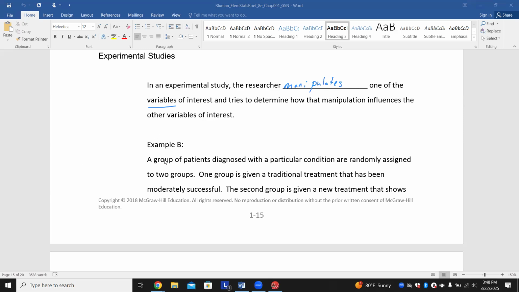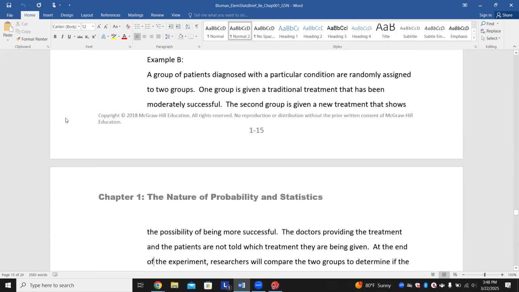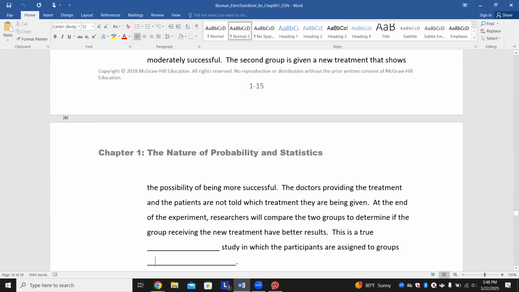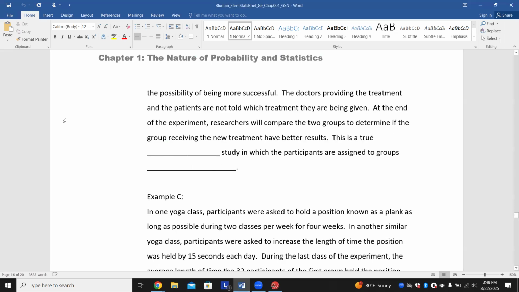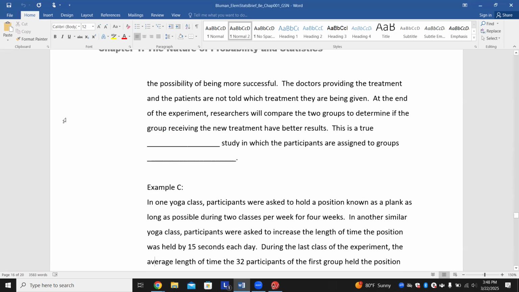So, in another example here, a group of patients diagnosed with a particular condition are randomly assigned two groups. One group is given a traditional treatment that has been moderately successful. The second group is given a new treatment that shows the possibility of being more successful. The doctors providing the treatment and the patients are not told which treatment they are being given.